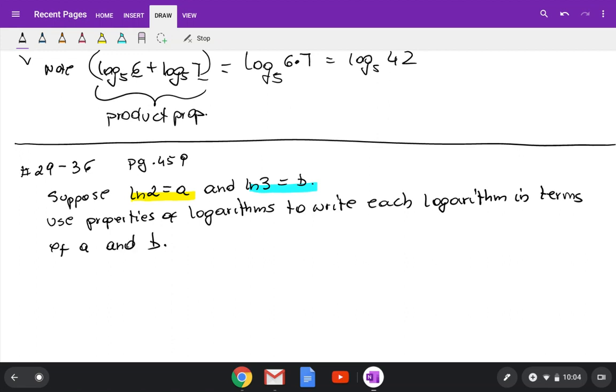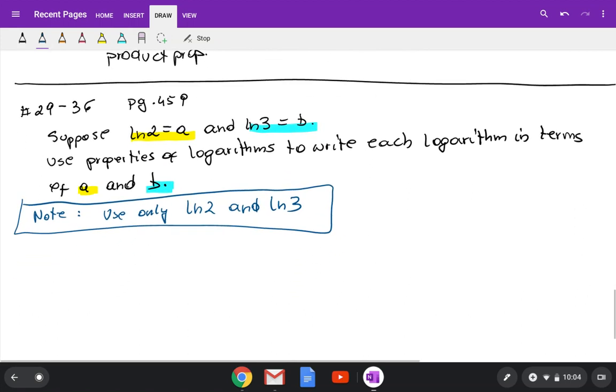So they want you to rewrite each expression in terms of a and b. What that means is a is ln of 2, b is ln of 3. So technically you need to use only ln of 2 and ln of 3, because ln of 2 is equal to a and ln of 3 is equal to b. This is the note.